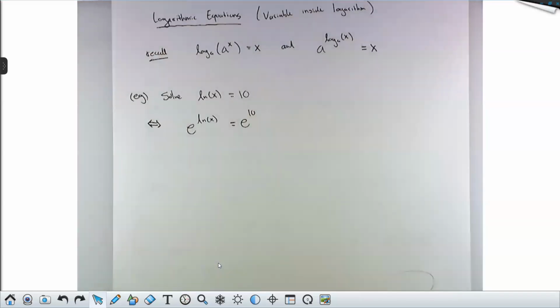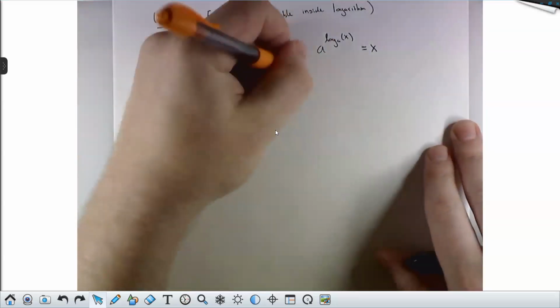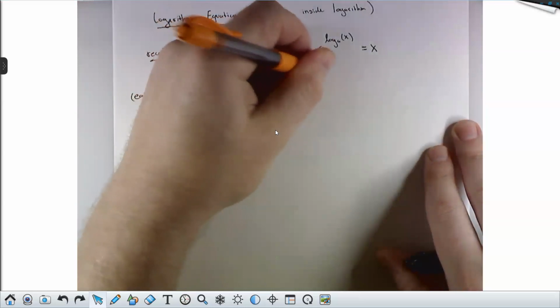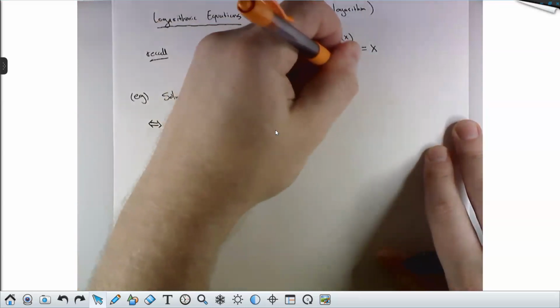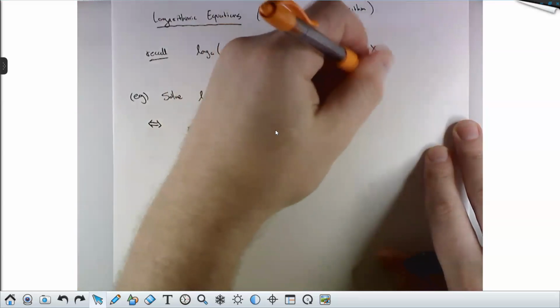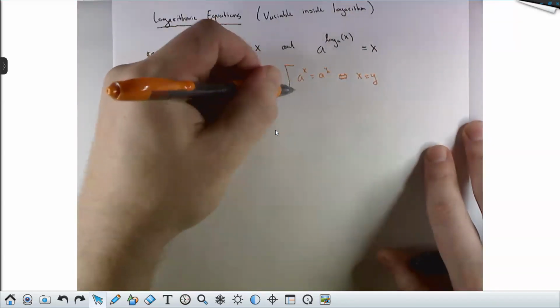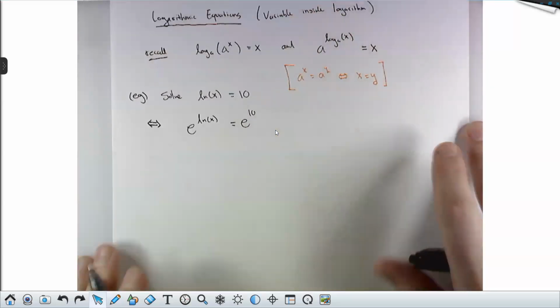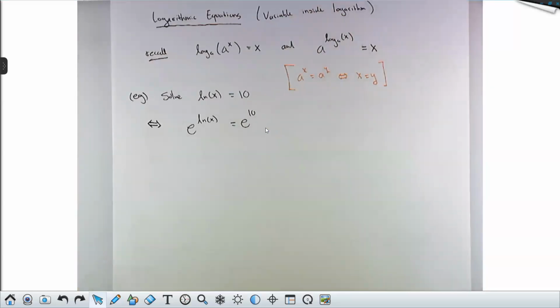Remember, we have this rule that says x is equal to y if and only if a to the x equals a to the y. So if the natural log of x is equal to 10, then e to the ln of x is equal to e to the 10. Kind of secretly using this fact backwards.